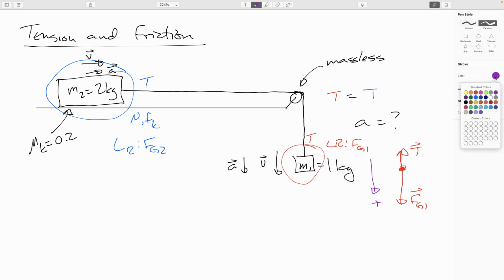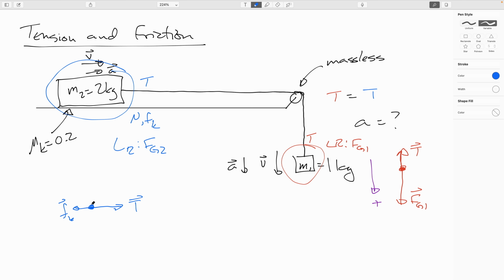Okay, let's draw a free body diagram for the blue system. So for the blue system, we've got four forces acting on it. We've got force due to tension acting to the right. We have kinetic friction acting to the left, opposing the motion.